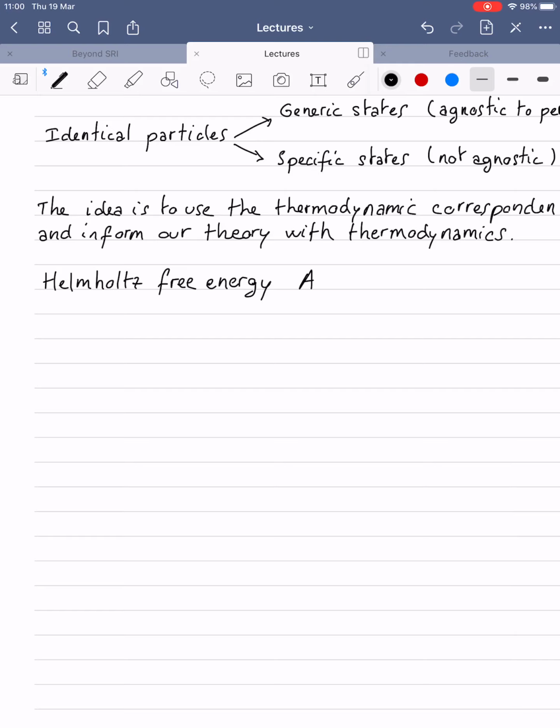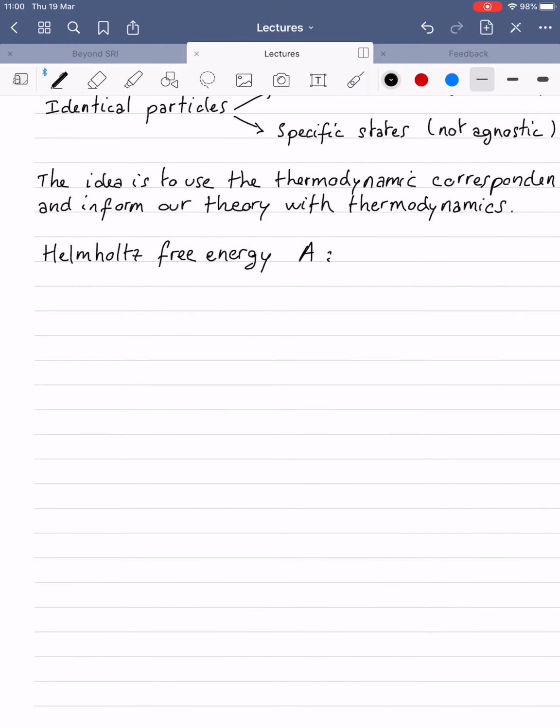I just remind you that we've seen that beta A was minus the log of Q divided by h to the dN. And so there are two possibilities, therefore.